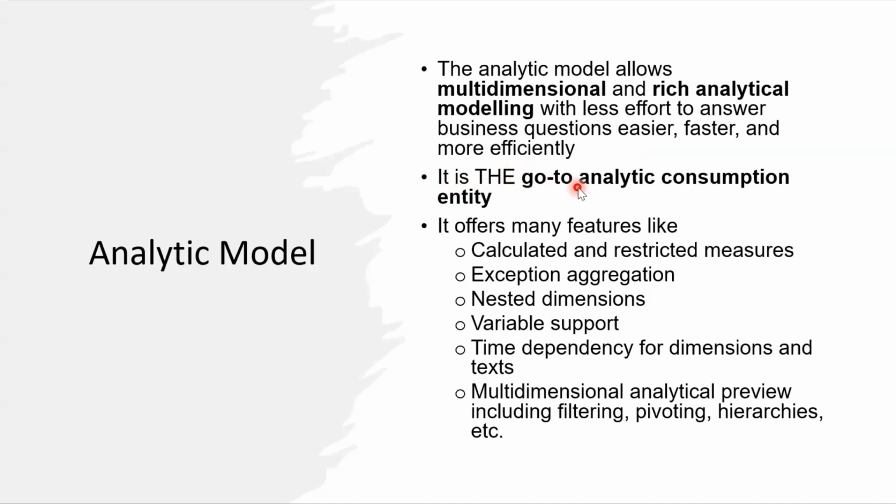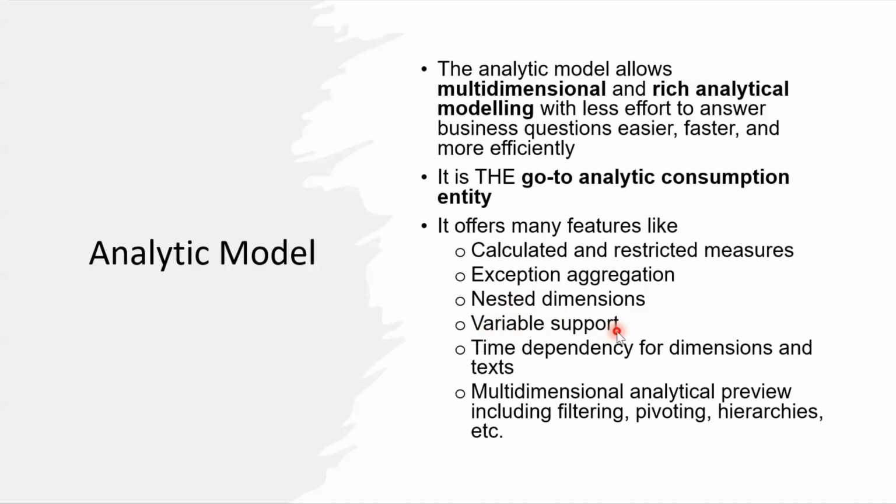It is the go-to analytic consumption entity. It offers many features like calculated and restricted measures, exception aggregations, nested dimensions, and variable support. Nested dimension means we can associate one dimension to another dimension, and we can use that in the analytic model for data preview.